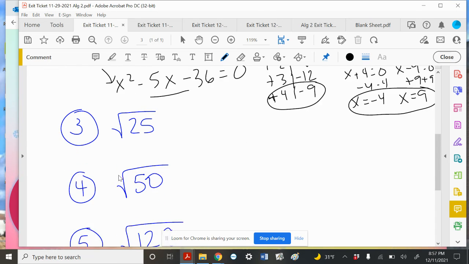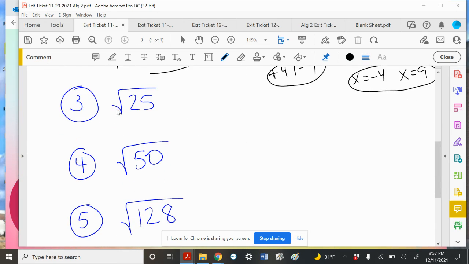On the next set of problems now, I have the square root of 25. So I know that 5 times 5 is 25. For every 2 that I have inside the square root, I can take 1 out, and I have none left because I took 2 out, and that gave me the 1 on the outside.